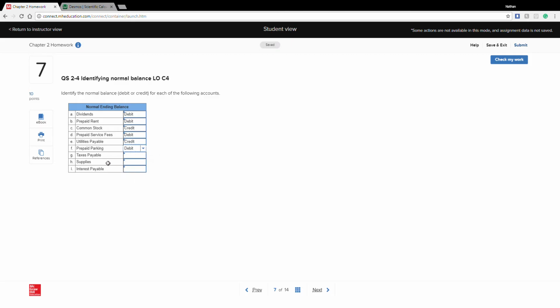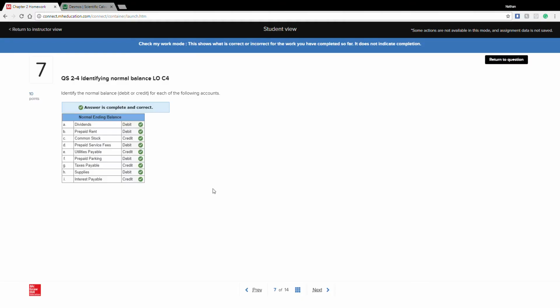I like it when they give you a lot of the same ones, same key thing. So as we see with taxes payable. And then now we got supplies. Supplies, like office supplies, it is going to be an asset. So we are going to debit it. And then the last one is interest payable. So again, check my work. Boom, there we go.